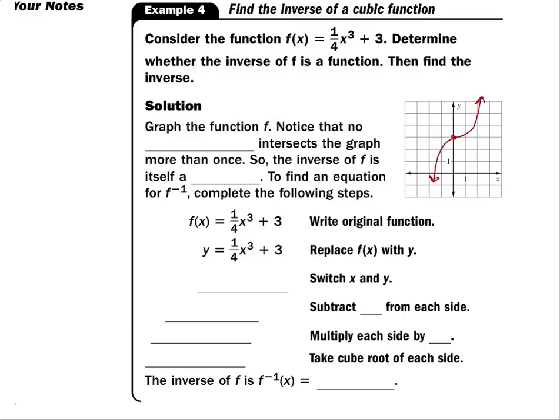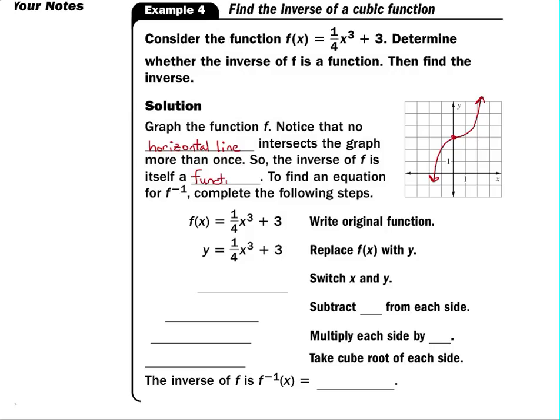It says, and then notice that no, and here we're looking for a horizontal line that intersects the graph more than once. So the inverse of f is itself a function.